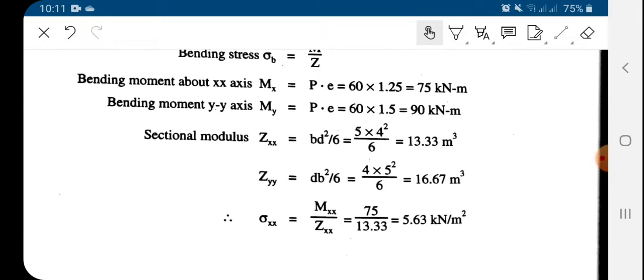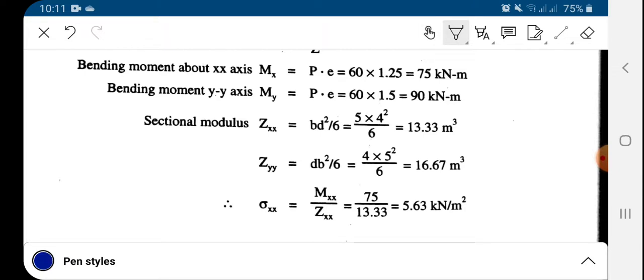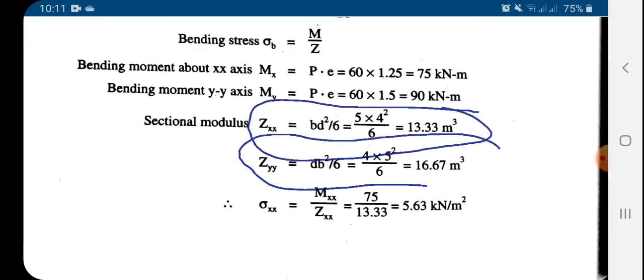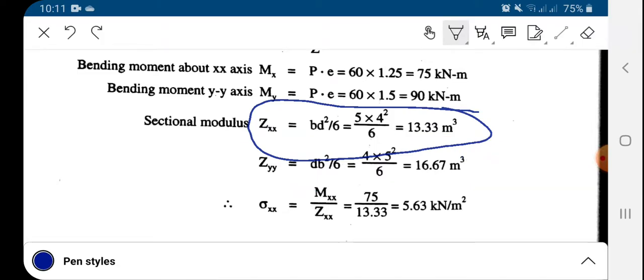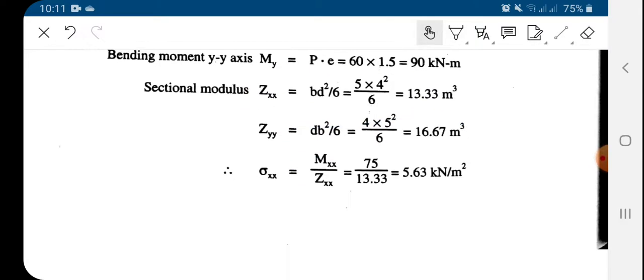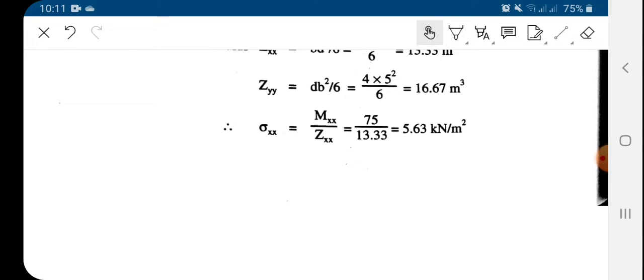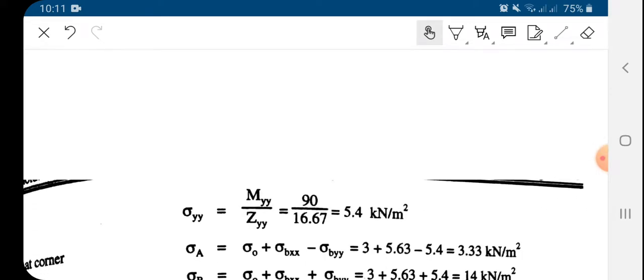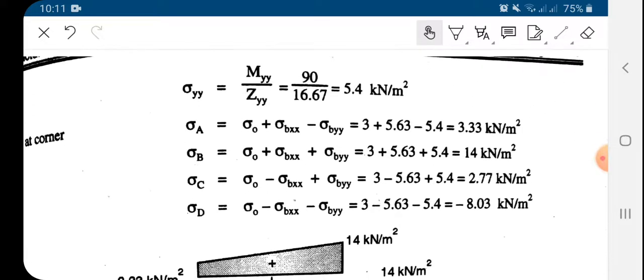So by using that equation we can easily find this ZXX and ZYY, and from this ZXX and ZYY we can compute the bending stresses along X direction as well as along Y direction. Now from the bending stresses along X direction, bending stresses along Y direction and the direct stress, we have to compute the stresses at the corners.